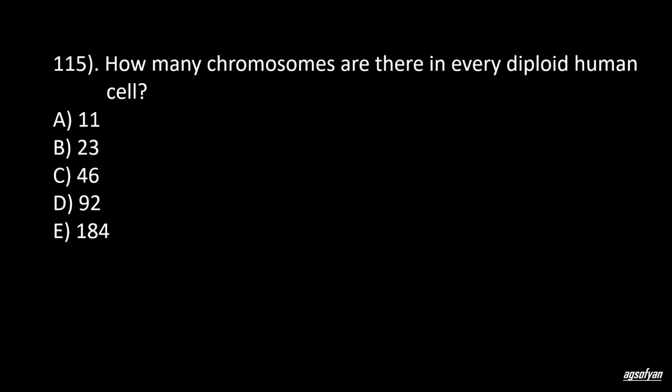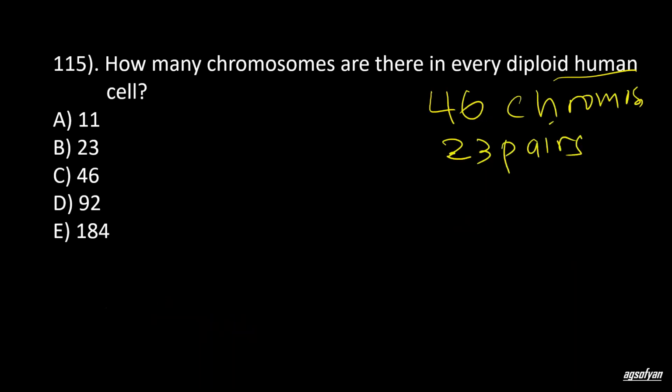How many chromosomes are there in every diploid human cell? Of course, every human cell except sperm and eggs will have 46 chromosomes, or 23 pairs of chromosomes. So 46.